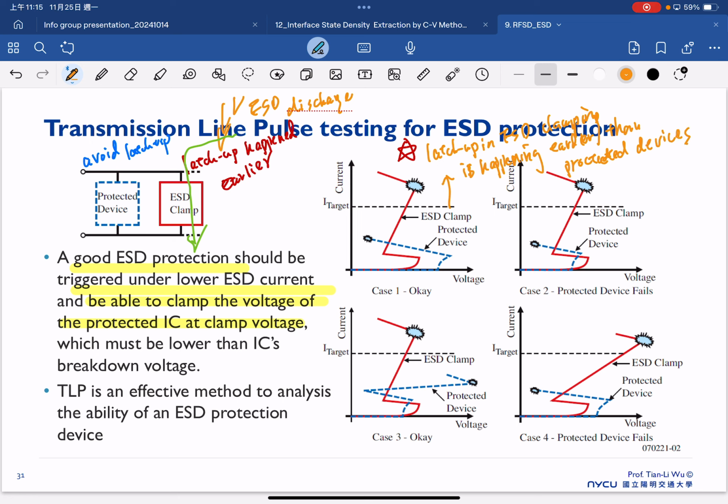So these are the 4 different cases, and you can look up, but I would say the best is this one, because the ESD clamping device is first entered to the latch up, then our protected device.